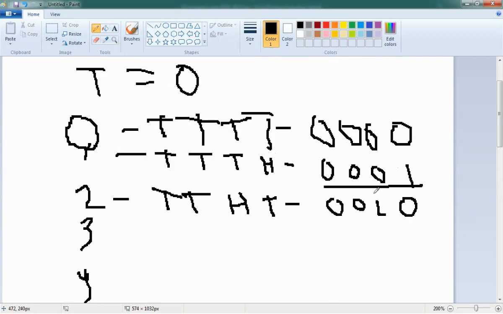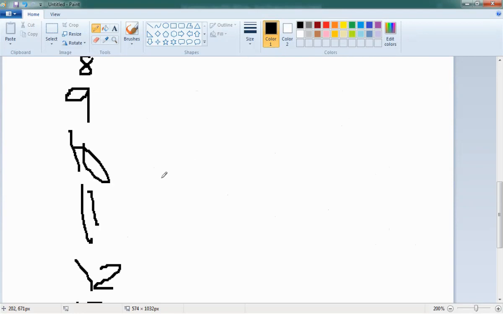So in binary numbers, this 1 0 is read as 2. While 3 is tail, tail, head, head, which is 2 plus 1, so 0 0 1 1, and so on and so forth.